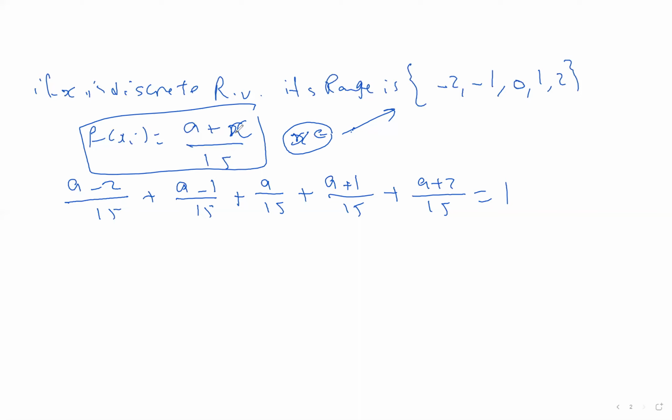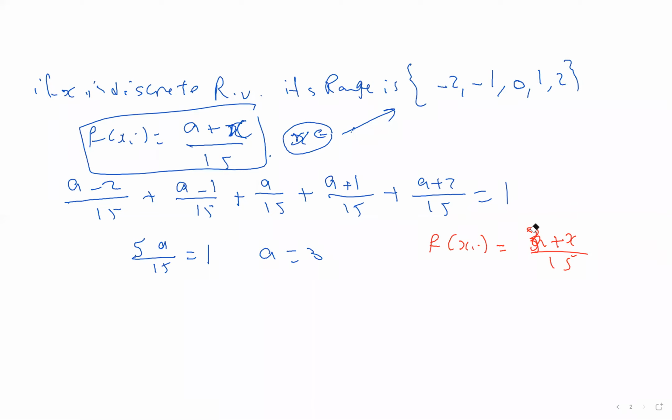Okay, substitute each value of the range in this function to get 1, because the sum of all the probabilities equals 1. Then it will be 5a over 15 equals 1, then a equals 3. Then the new relation will be f of xi equals 3 plus x divided by 15.